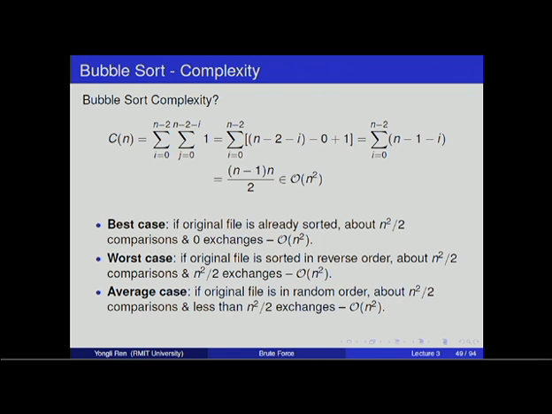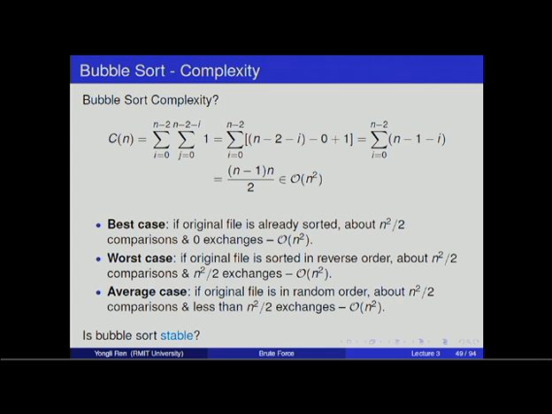Otherwise, you get a worst case when it is sorted in inverse order. So you do the same number of comparisons, but for exchange, you still need to do all the exchanges because it's inverse order. And for average case, we maintain the same number of comparisons, but for exchange, it's less than the max number. So that is the best case, worst case, and average case.